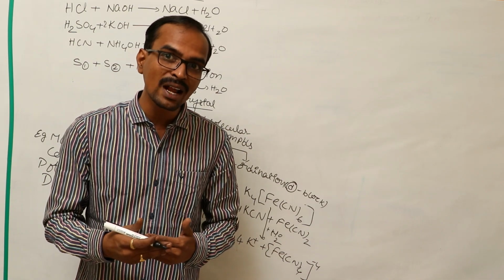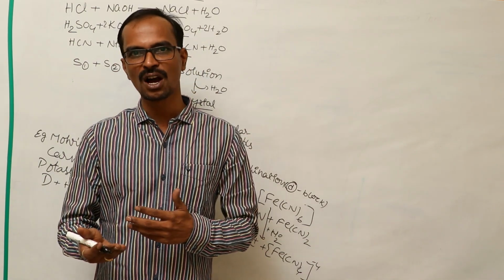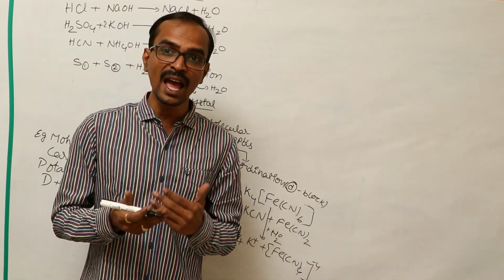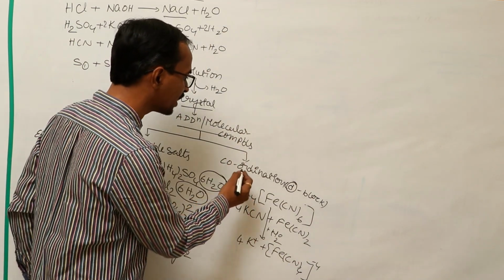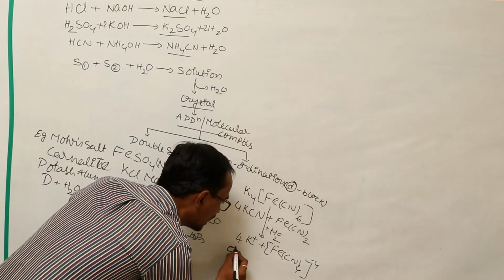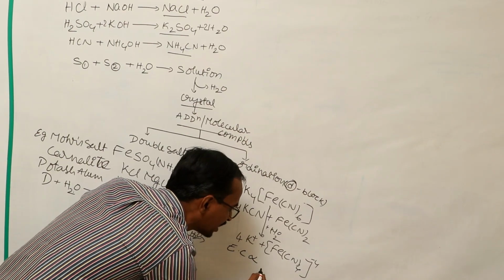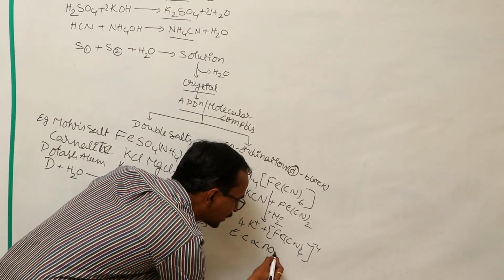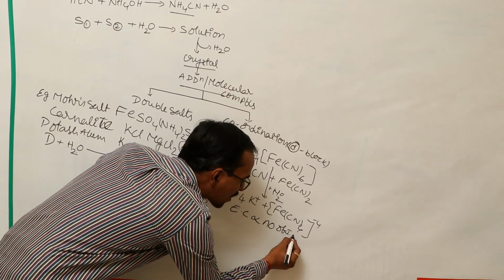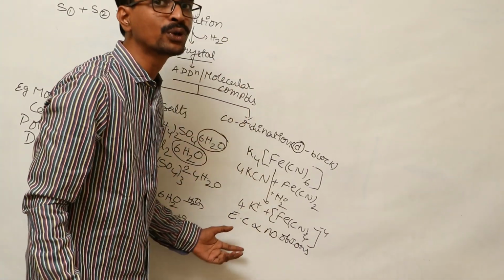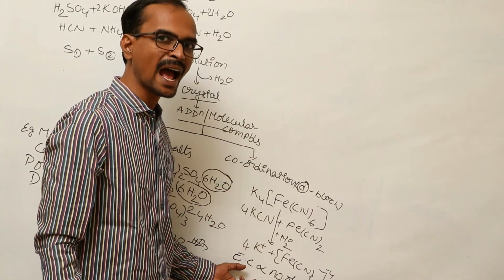If all the compounds quoted in the question are coordination compounds, then the electrical conductivity of these coordination compounds is directly proportional to the number of ions produced by the compound in the aqueous solution.